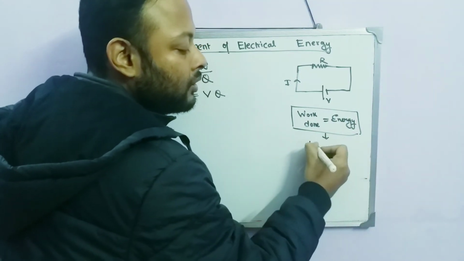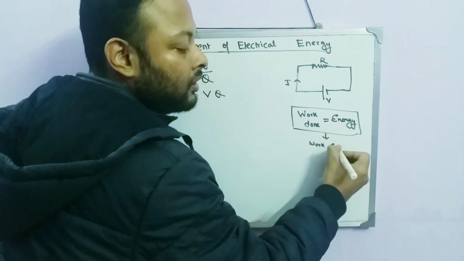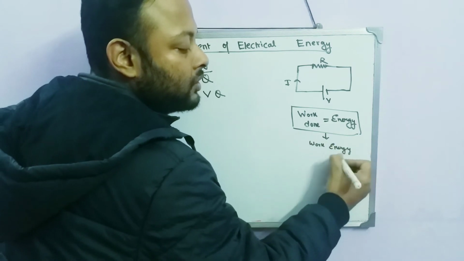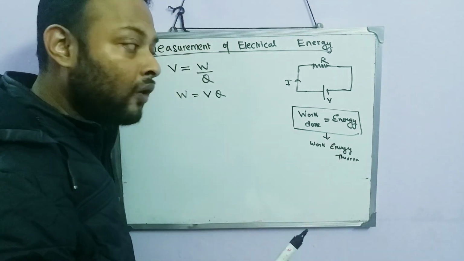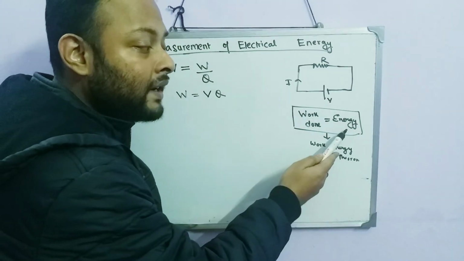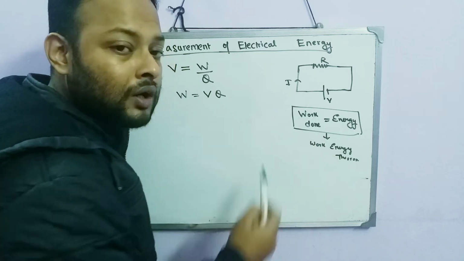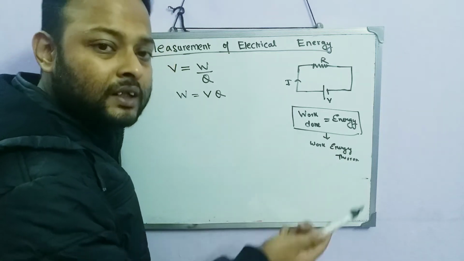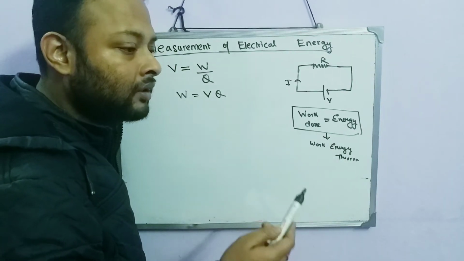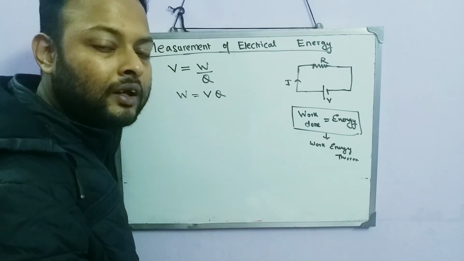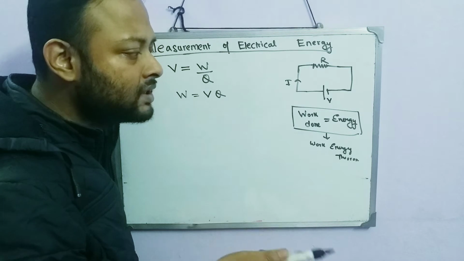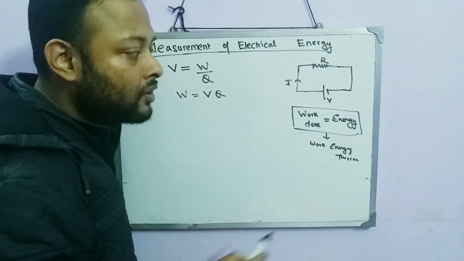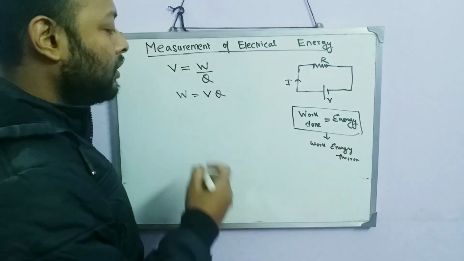This energy can be anything. According to the work energy theorem, you had kinetic energy equal to work done. Over here we have electrical energy. And obviously, these are all forms of energy only: kinetic, heat, electrical or light energy. So work done is equal to energy, right?